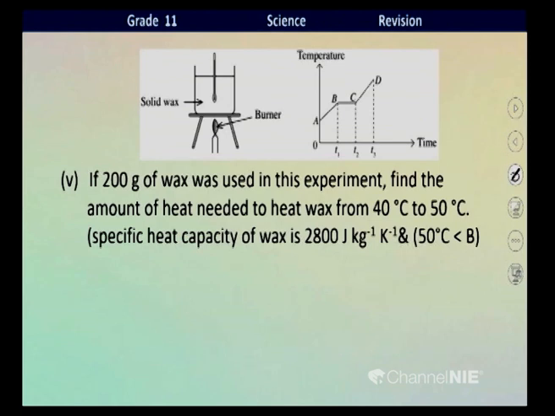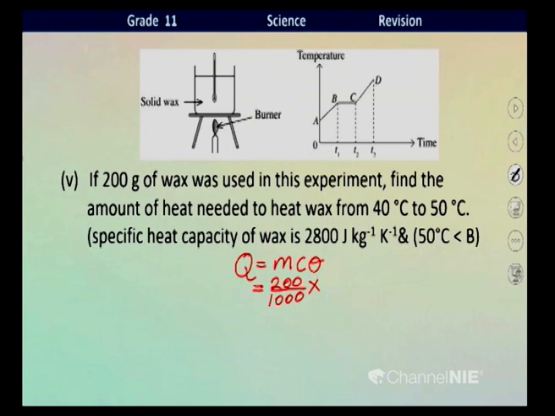You know that heat change is calculated by Q equals mc theta. m is the mass, c is the specific heat capacity, and theta is the temperature difference. Temperature difference here is 40 to 50, 10 degrees. Mass of wax used here is 200 grams. Then you have to divide this by 1000 to convert it into kilograms.